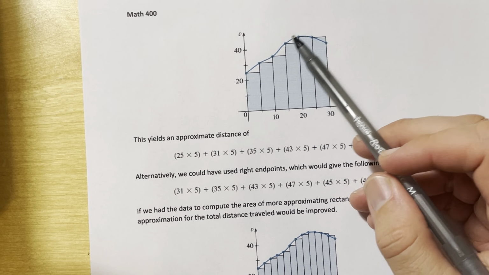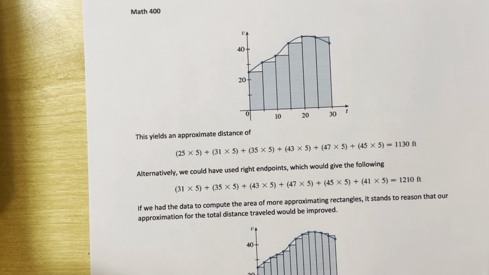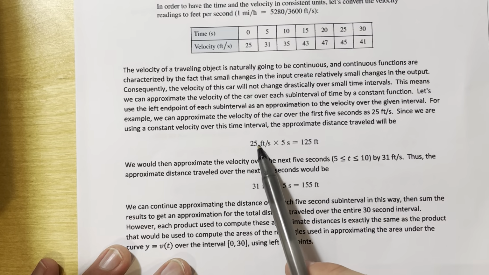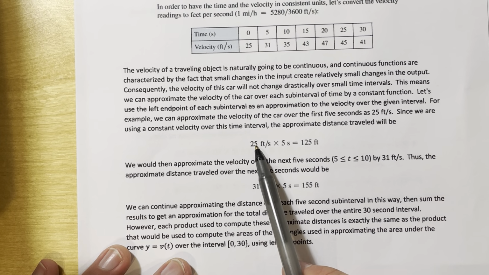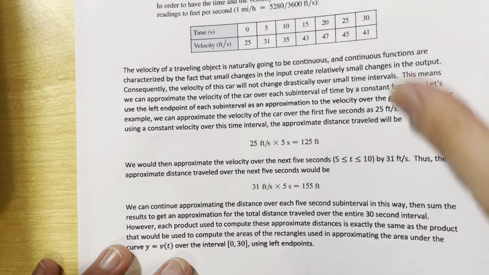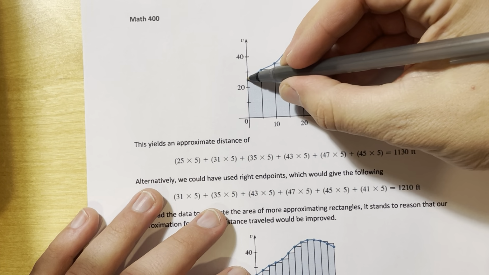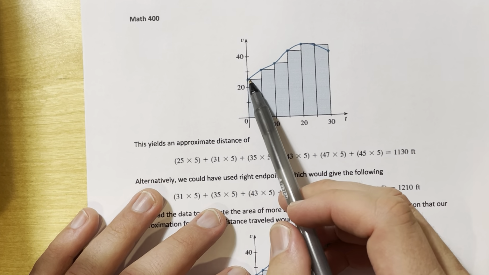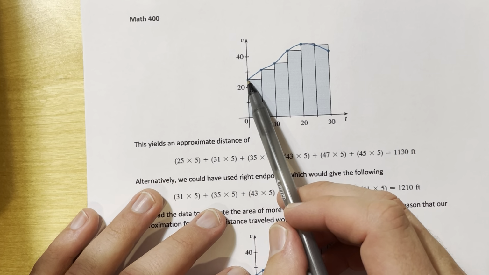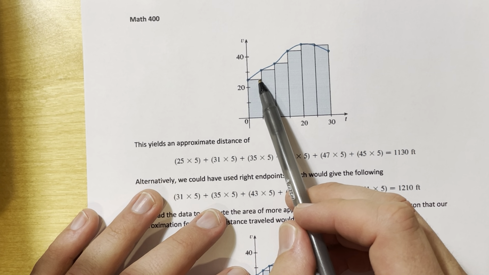That would correspond to these points here. Now notice, what we did first is we assumed that we were traveling 25 feet per second for the first 5 seconds. That would mean that we're approximating our function for the first 5 seconds by a constant function, which looks like a horizontal line. Here's the 25 right here. 25 feet per second for the whole initial 5 seconds.